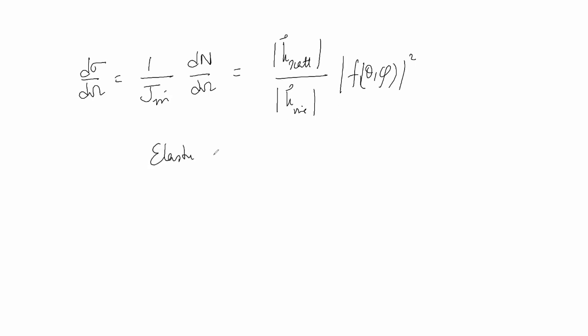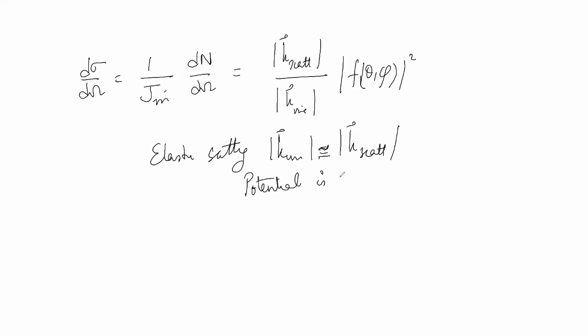And for elastic scattering, K incident is almost equal to K scattered. That means the potential is weak.